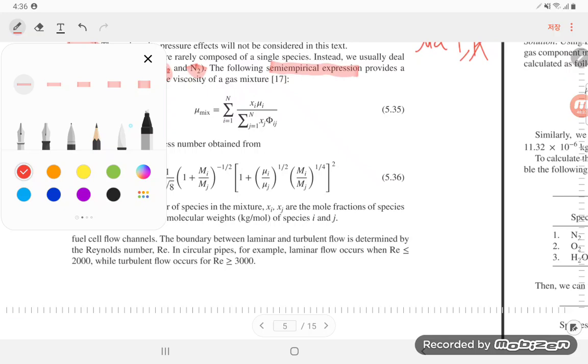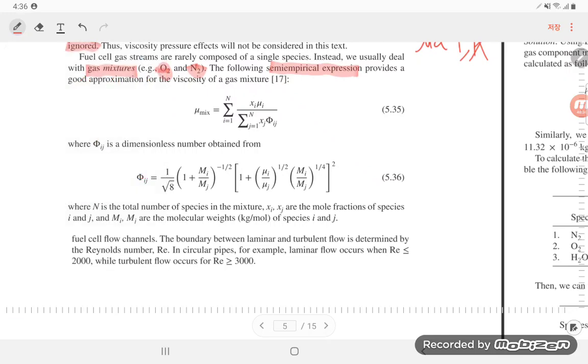So from here, we assume that in the air, the fraction of the oxygen gas is 21%, and the nitrogen gas is 79%. And by using this assumption, we can calculate the viscosity of this air gas mixture.